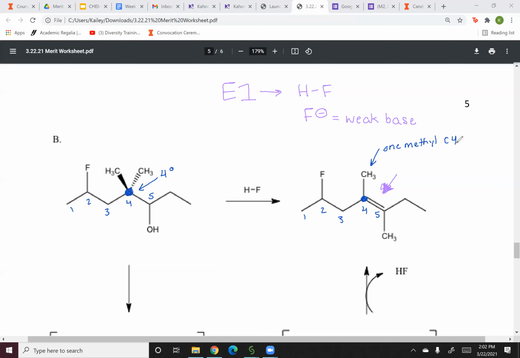So we lost a whole methyl group. Additionally, if we look at carbon 5, there's no methyl group on carbon 5 in the reactant. But if we go to the product, there's a methyl group right there. So there had to have been a carbocation rearrangement. How do we feel at this point? Does anybody have any questions when it comes to deciding that this was definitely E1?